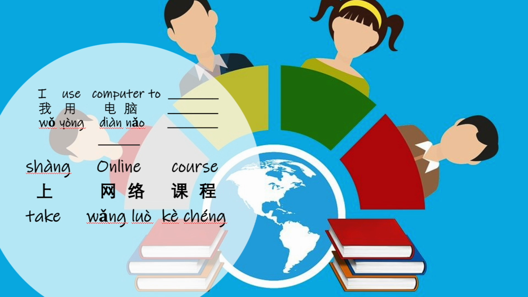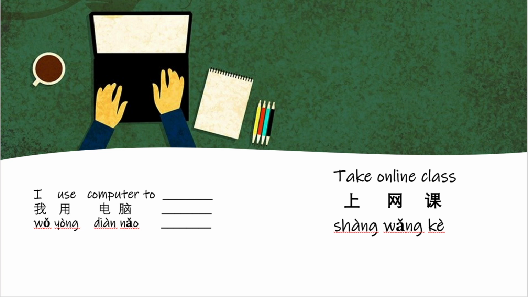To say take online course, it's 上网络课程。To say I use computers to take online courses, you can say 我用电脑上网络课程。You can also shorten 上网络课程 to the following 3 characters. 上网课。Because 上网络课程 sounds like a very long phrase.